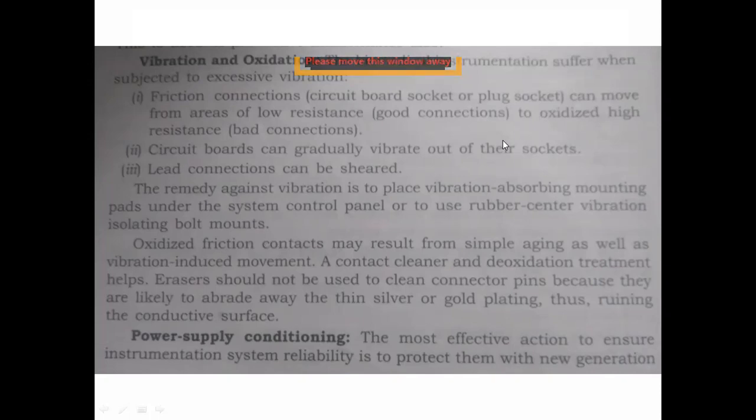Due to that oxidation, a conducting path is formed. If we remove that, the PCB or equipment will work properly. So a contact cleaner and deoxidation treatment helps to avoid such oxidized friction contacts.